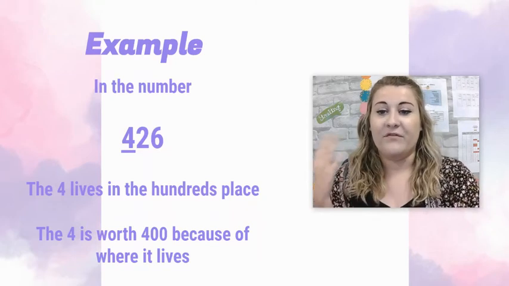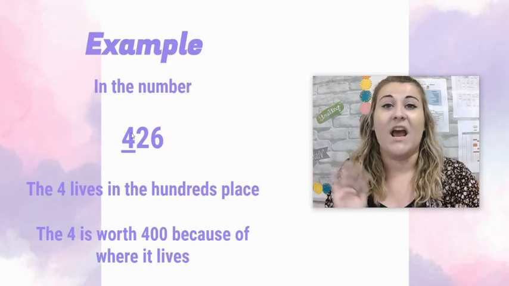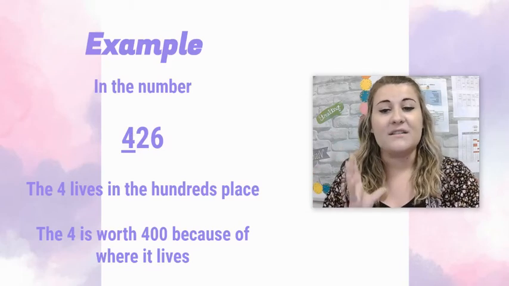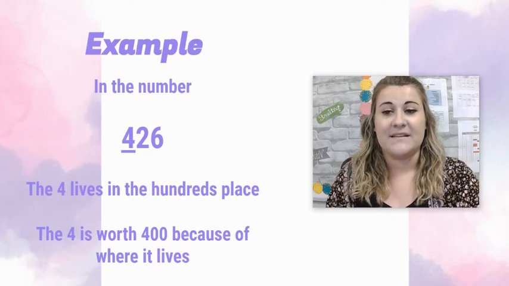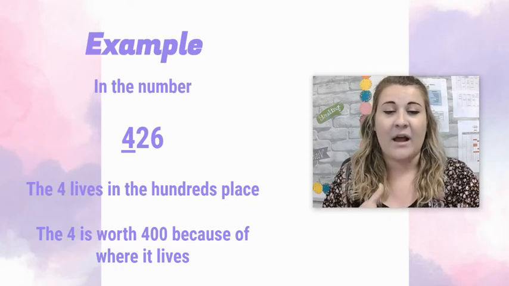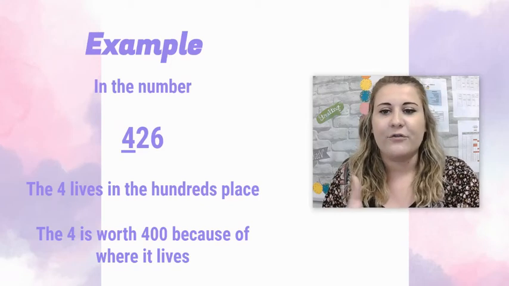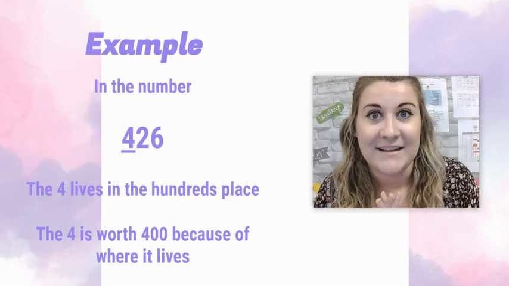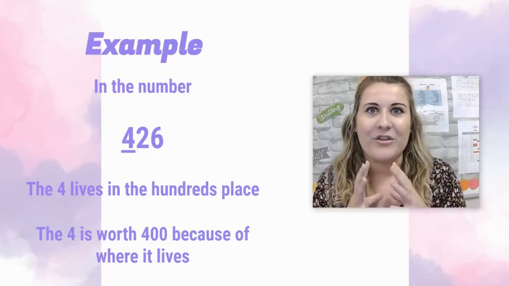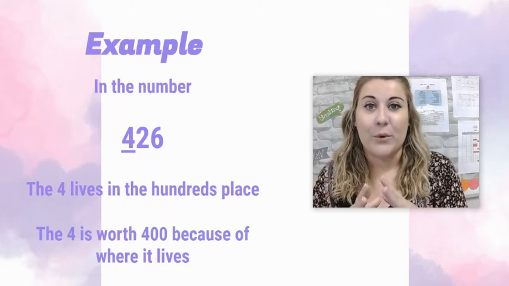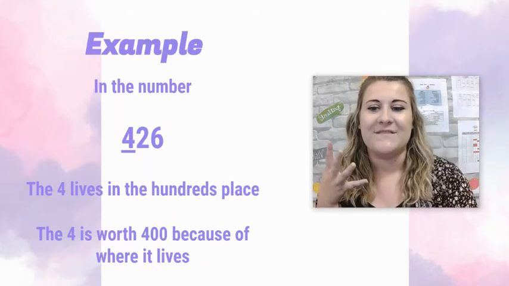So the 4 here lives in the hundreds place. And because the 4 lives in the hundreds place, its value, or how much it is worth, is much more than 4. It looks like a little 4 to us, but the 4 has a secret. It's actually not worth just 4. It's worth 400 because it lives in the hundreds place.